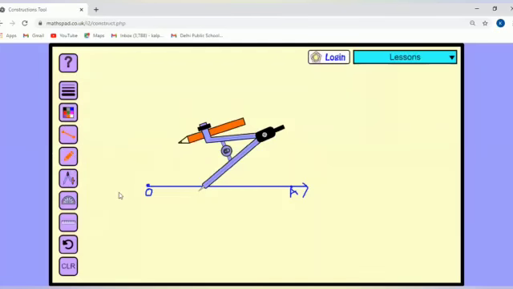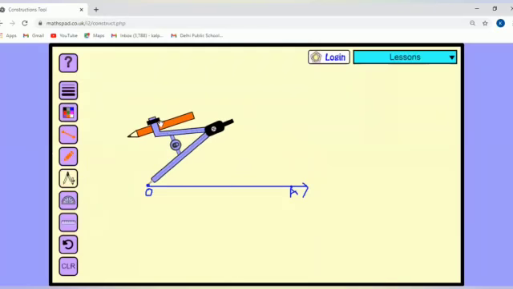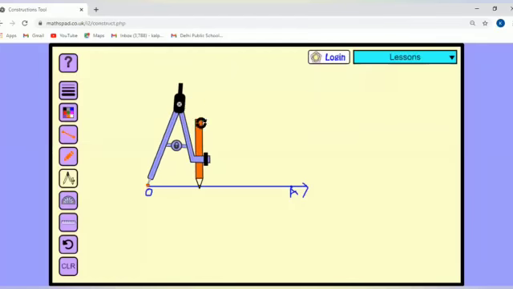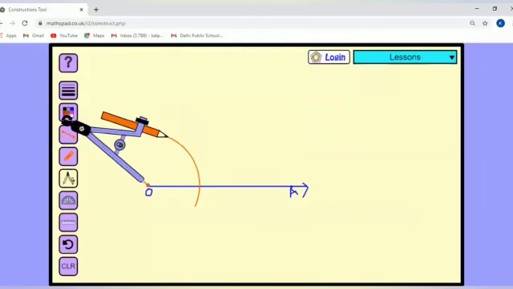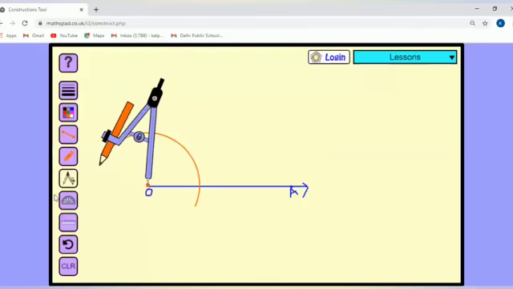Now taking O as center, with convenient radius, draw an arc. The arc meets OA at one point, name the point as P, name the arc as PQ.